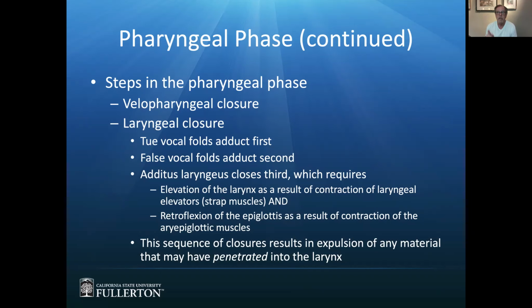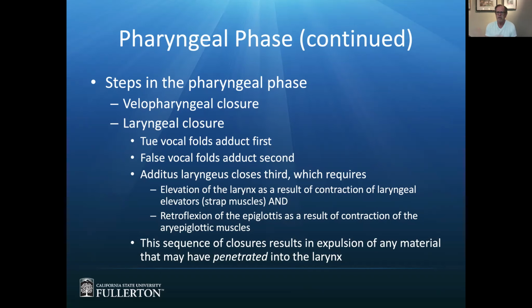Remember what makes that up? Epiglottis, aryepiglottic folds. Okay, that closes third. The reason for the sequence is that it's protective. We do get things down into our larynx sometimes when we swallow, just through accident. Sometimes you're talking while eating or whatever it might be. So it's not uncommon for it to occur in normal people.